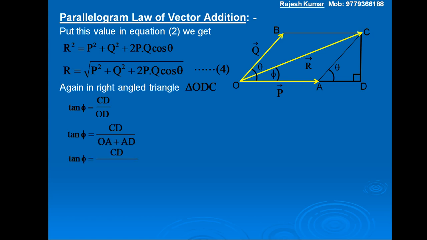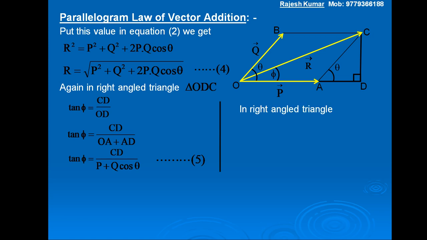Now put the value of OA and AD. Tan phi is equal to CD upon P plus Q cos theta. Let it be equation number 5.